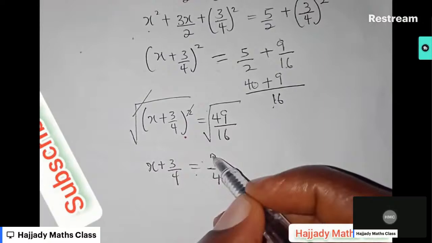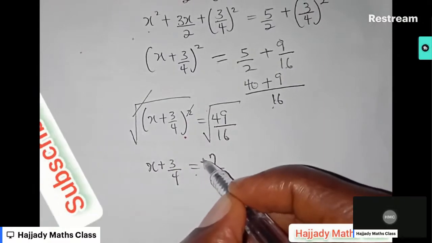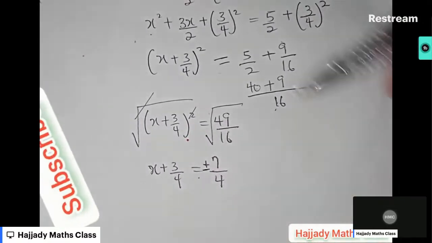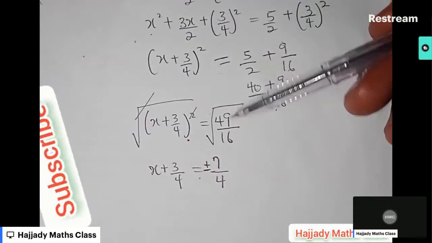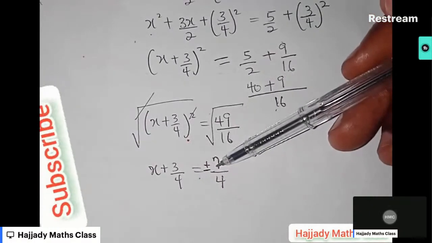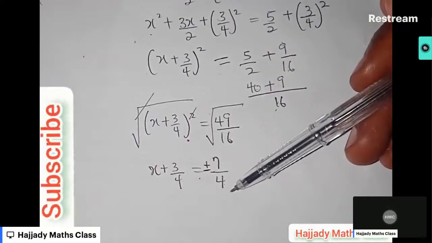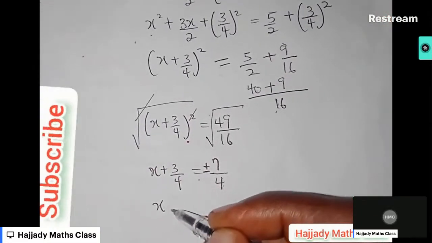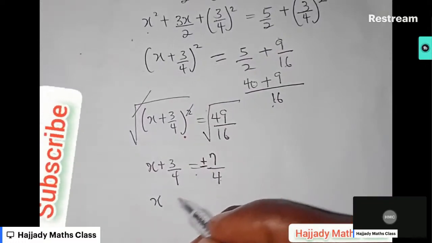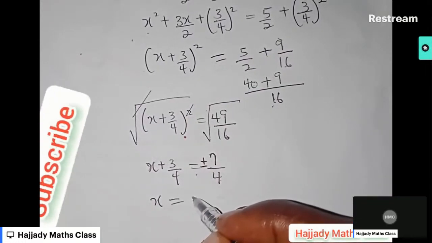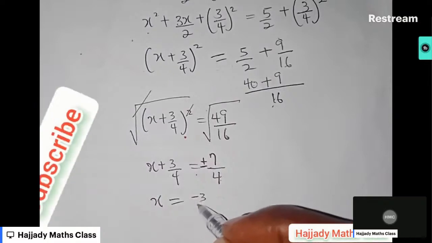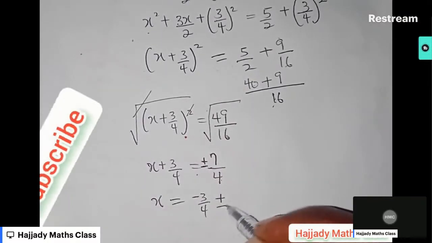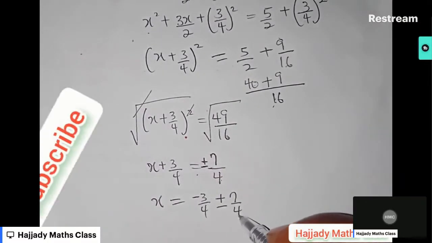And in this case, we are not having only 4, we are having plus or minus. That means the square root can take the value of plus 7 or minus 7, and the same thing with the denominator. Now solving this further, the possible answer for x is going to be 2 values, equals minus 3 over 4 plus or minus 7 over 4.